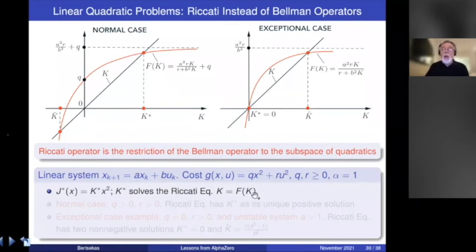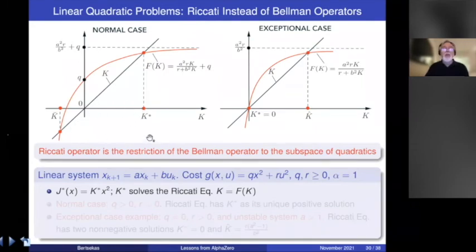The algebraic Riccati equation is a fixed point equation involving A, B, R, and Q. It is concave, and the solution is obtained by the intersection of the 45-degree line and the red graph here. Actually, there are two solutions. However, there's a unique solution that is positive, and another solution that is not positive.